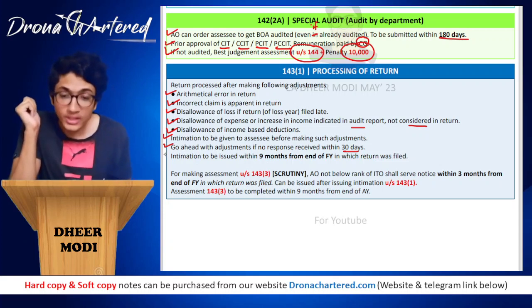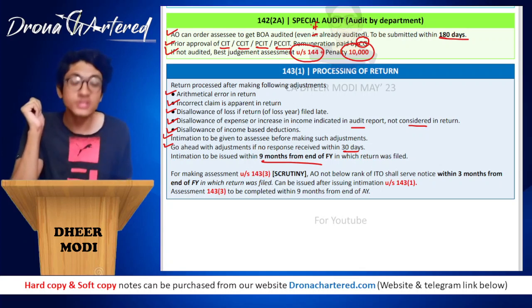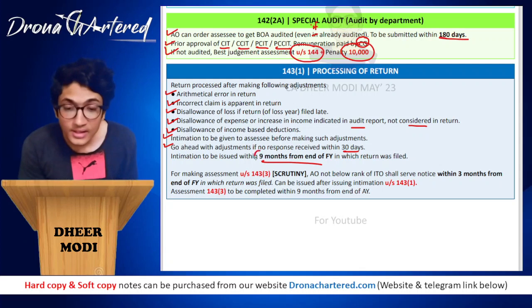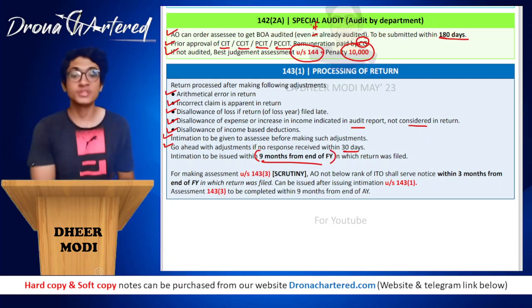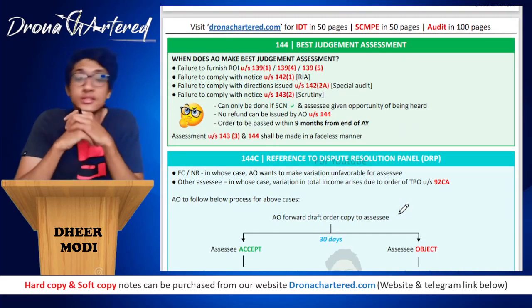Intimation is to be issued within 9 months from the end of the financial year in which the return was filed. Your section 144. 144 is your best judgment assessment.